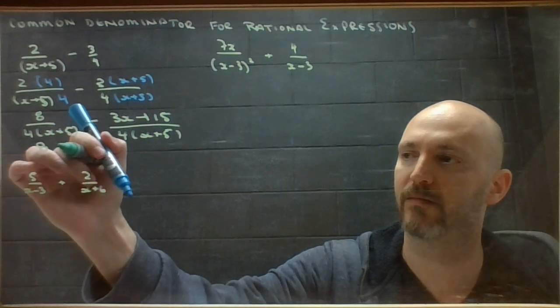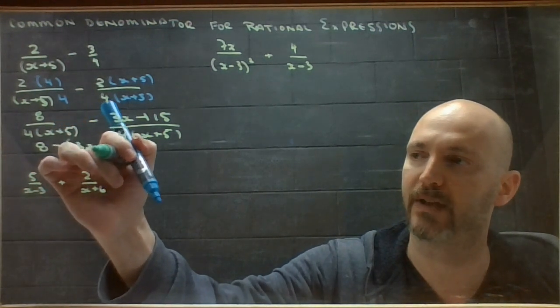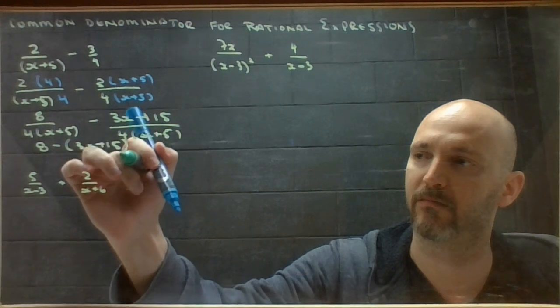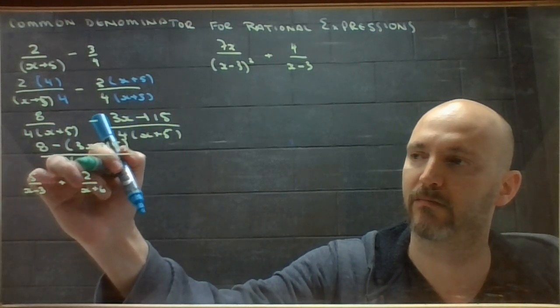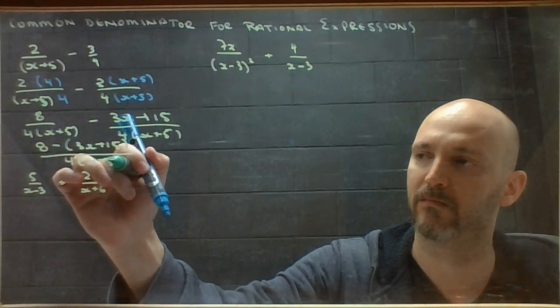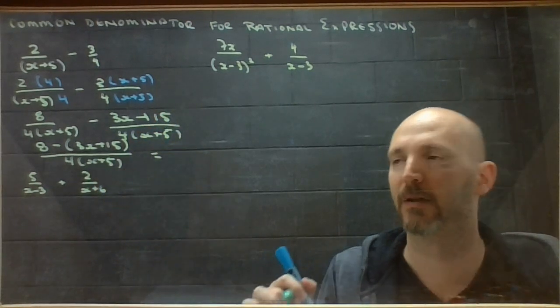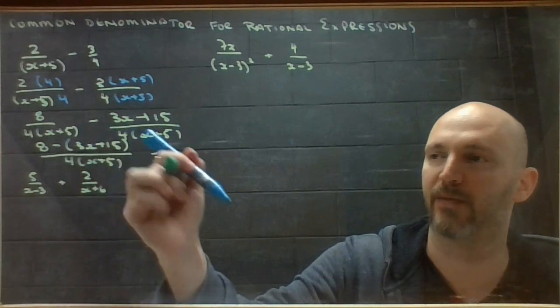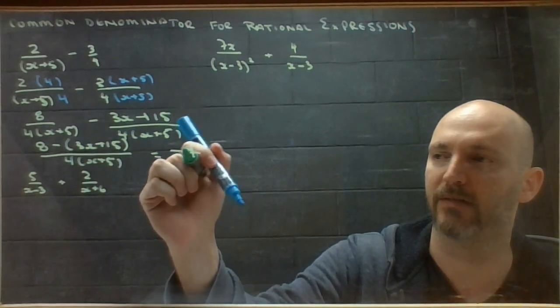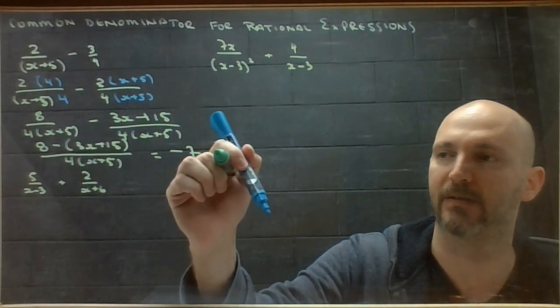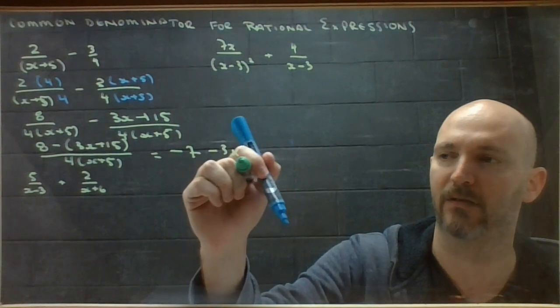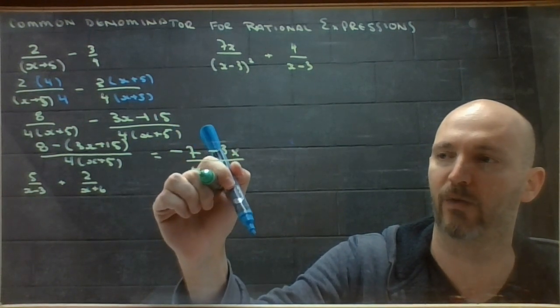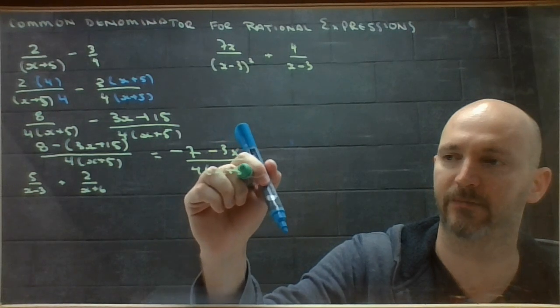It'd be 8. Subtract all of this. So an 8 subtract a 15 would be -7. And the negative 3x is a negative 3x all over 4 times x plus 5.